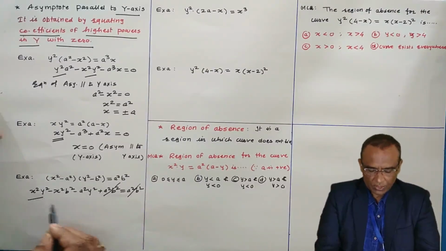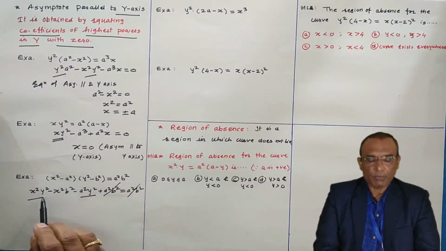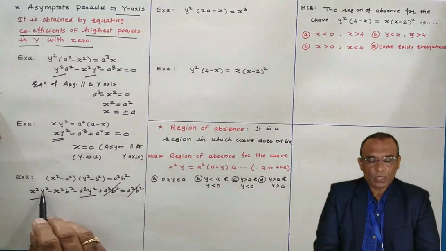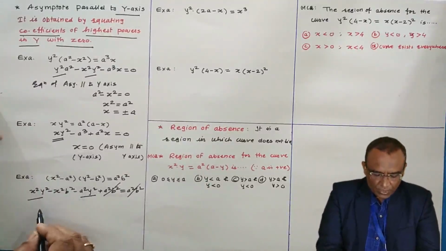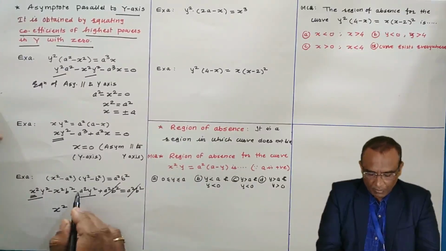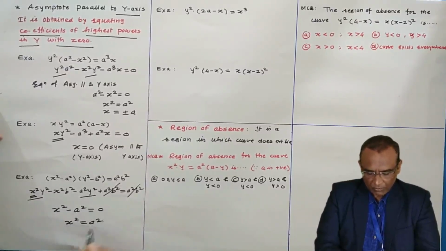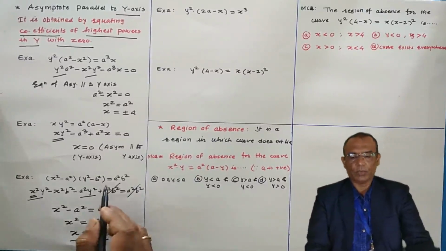This is a y term, this is a y term, and the highest power of y is 2. Its coefficient I am going to equate: x square minus a square equals 0. x square equals a square, therefore x equal to plus a and minus a. These are the equations of the asymptotes to this curve.